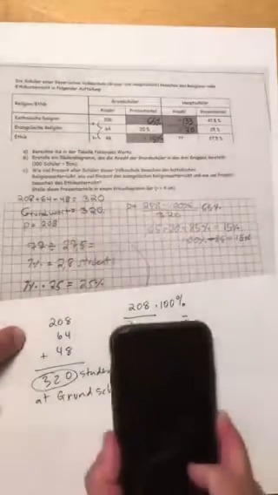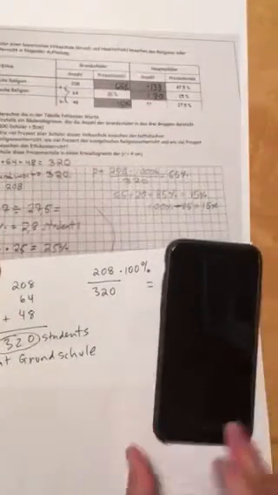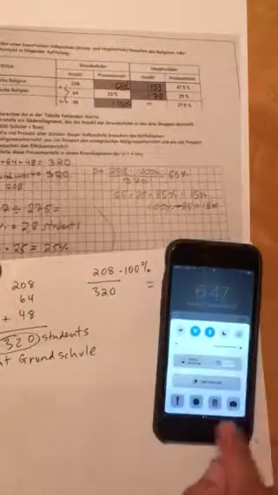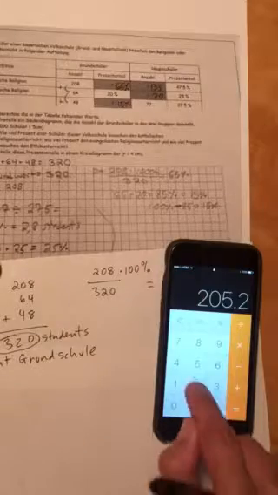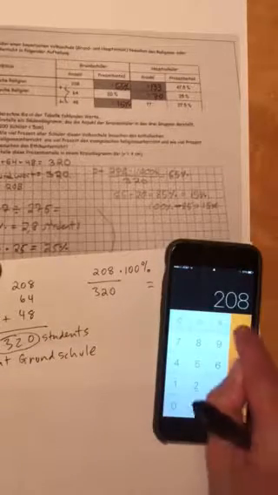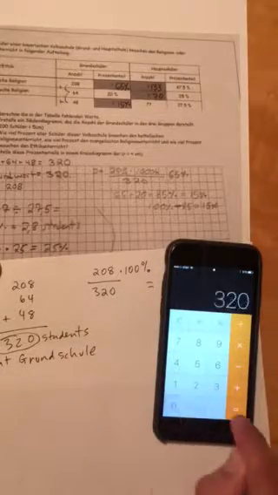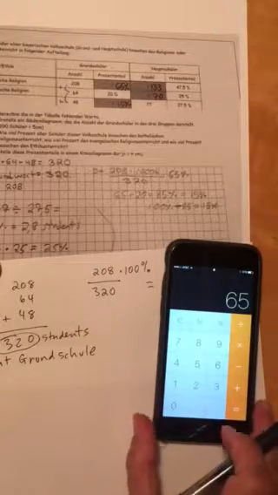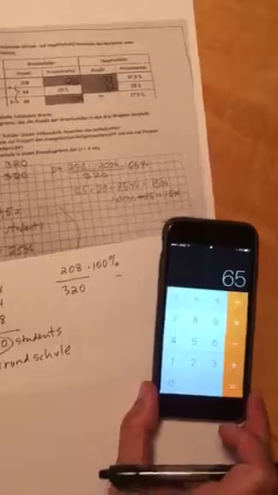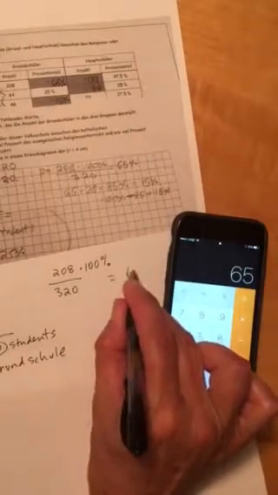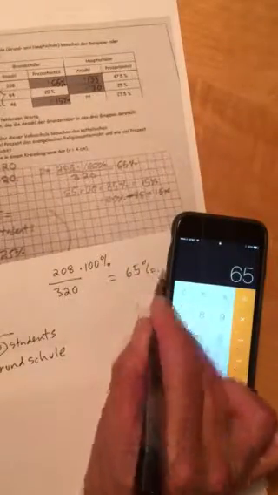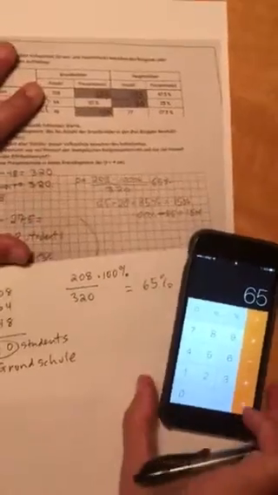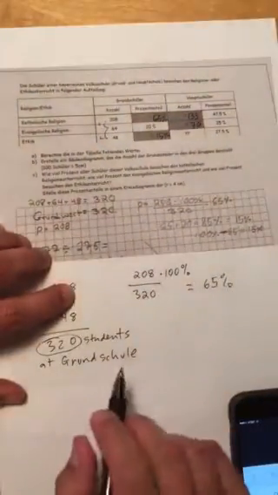And then we use a calculator. So 208 divided by 320 times 100 equals 65. So 65% of the students take Catholic religion.